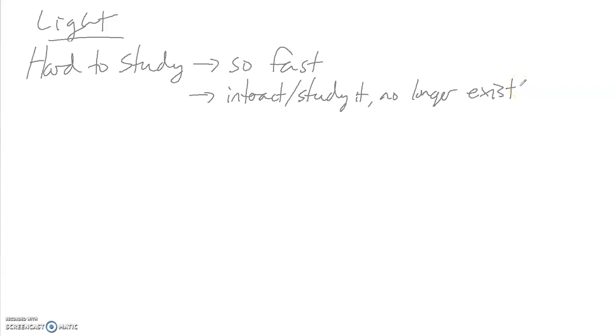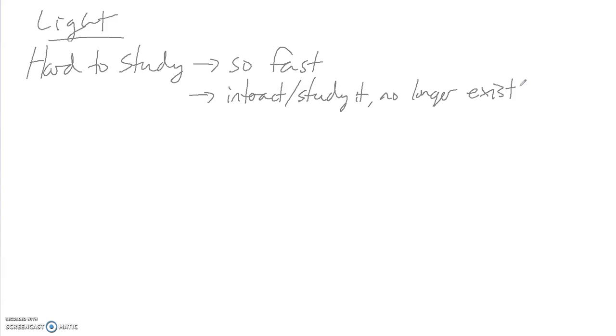You watch light hit something and hit your eye. The only time you actually see the light is when it hits your eye, and if it hits your eye, then it doesn't exist as light anymore. It's changed into energy that's gone into the optic nerve, into the brain, and been processed by the brain.